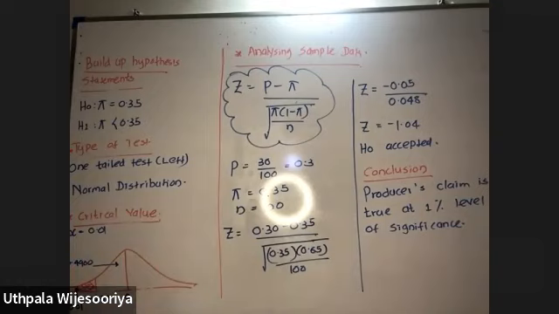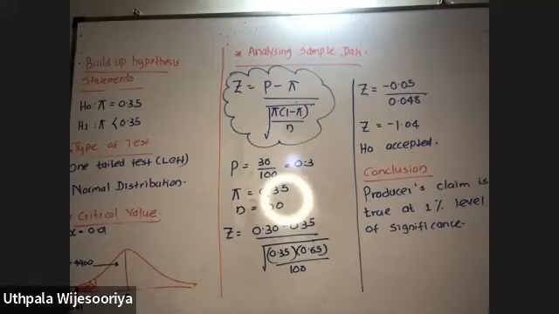Phi1 is equal to phi2. Depending on the given question, sometimes phi1 is not equal to phi2, asking is there any significant difference, or phi1 is greater than phi2, or phi1 is less than phi2. Same technique as difference between two population means.